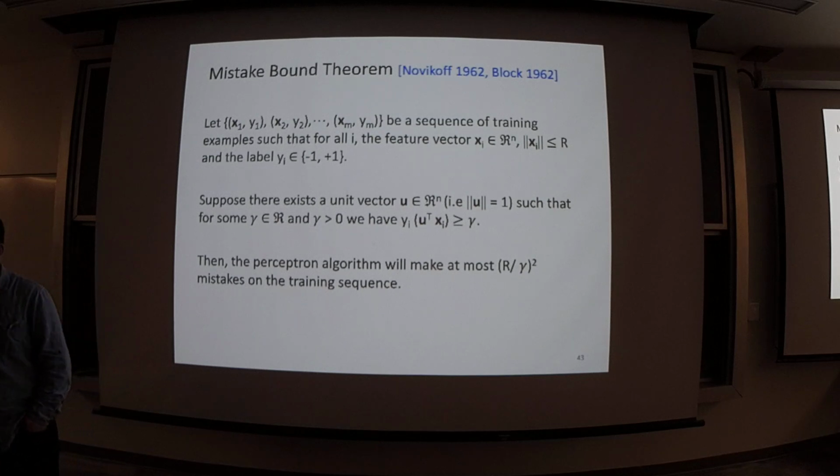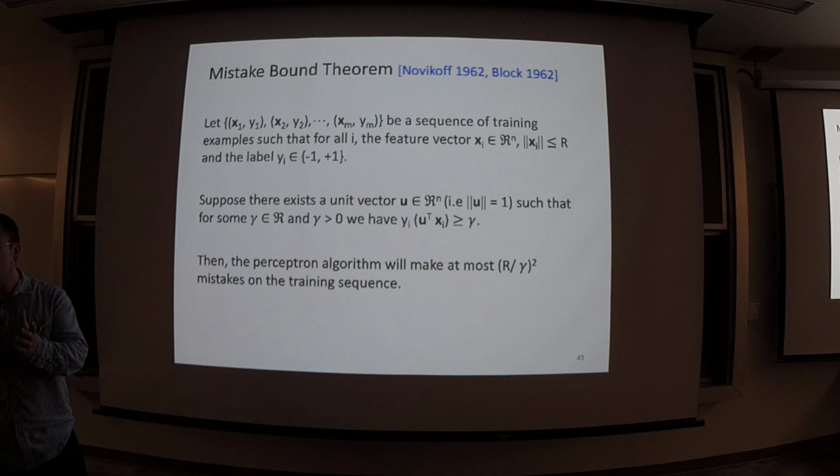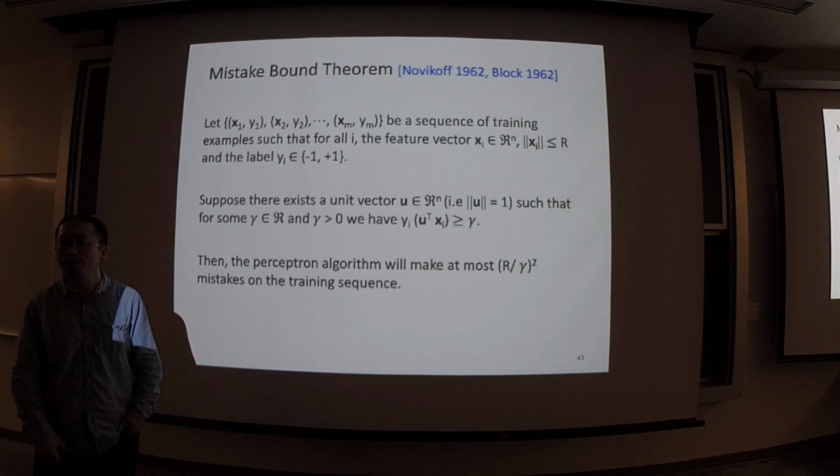So does this mean you can stop the iterations after you make that many mistakes? Actually, this is the upper bound. You can just count how many distinct mistakes you have made. If you go through the entire data set without making any mistakes, you can just stop. You don't even need to count this number.